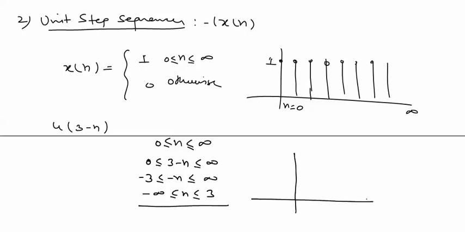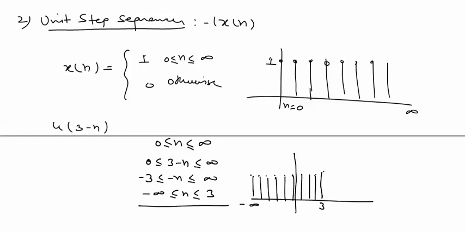This discrete signal starts at minus infinity location and up to 3 it is constant with value 1. By shifting we got this result.